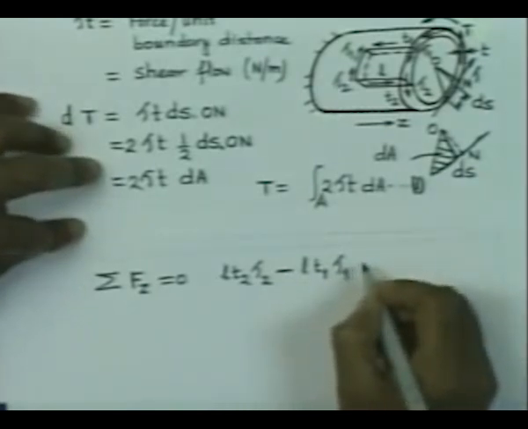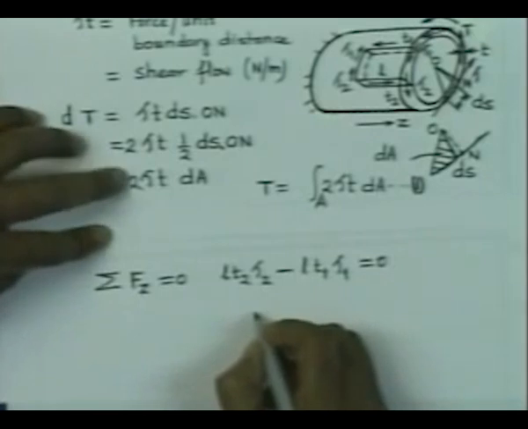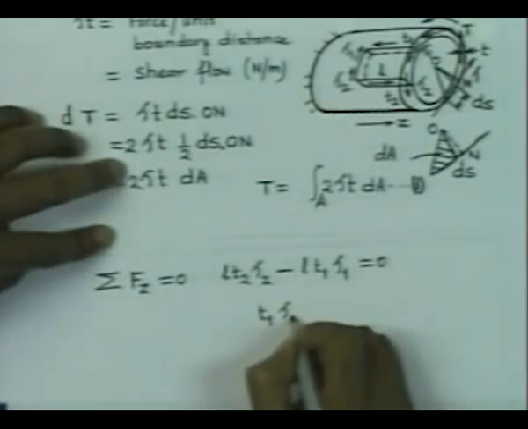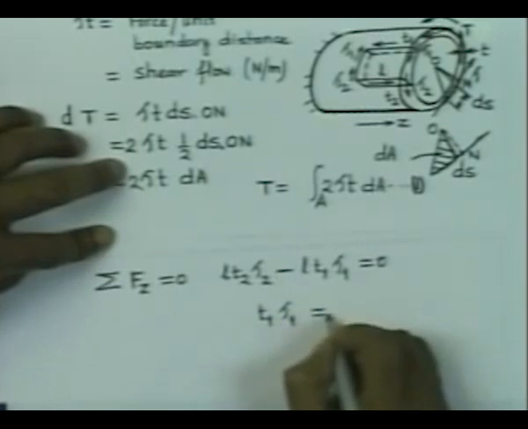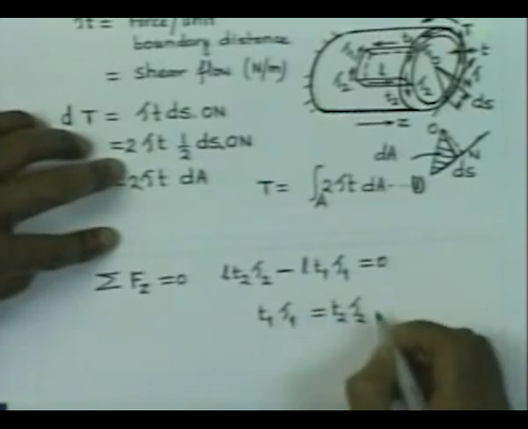So, these two must sum up to 0, and therefore, what it means is that T1 into tau 1 is equal to T2 into tau 2, this is a constant. So, this is nothing but a constant.